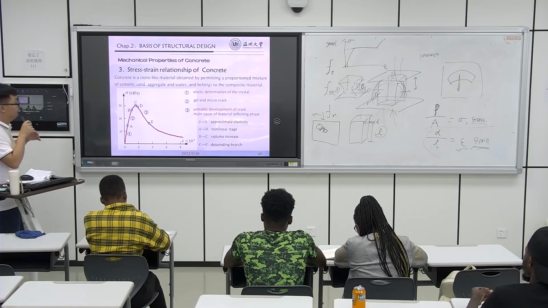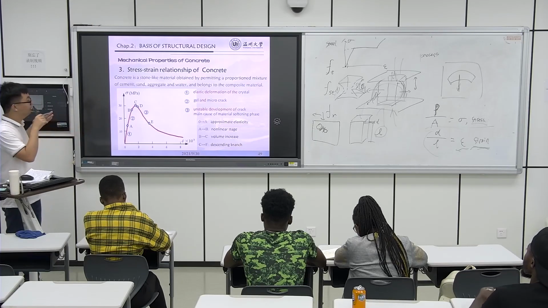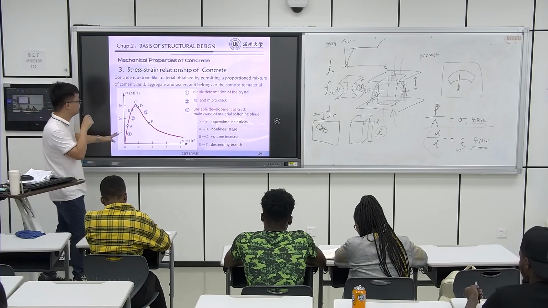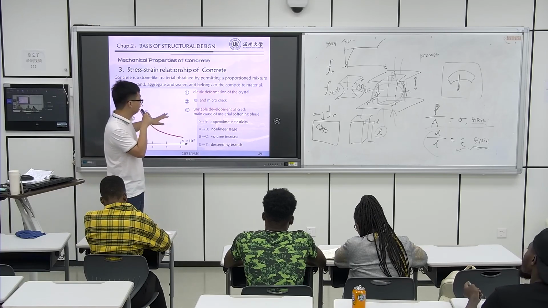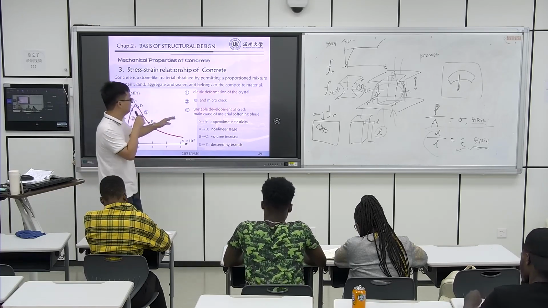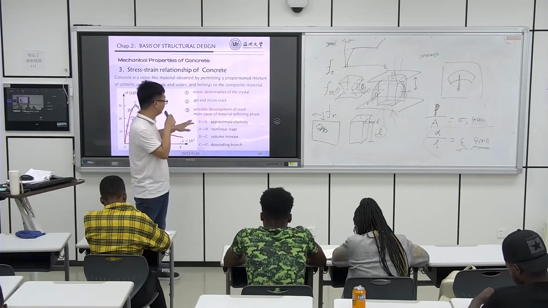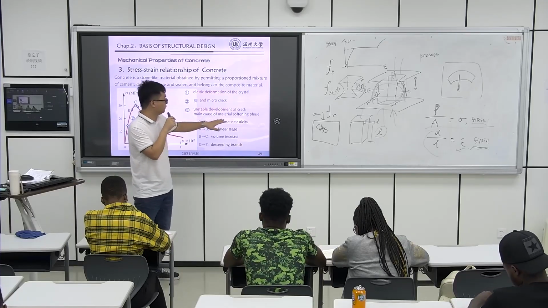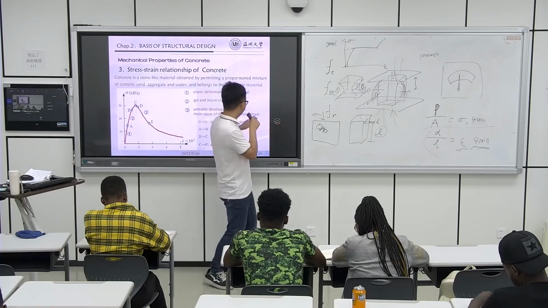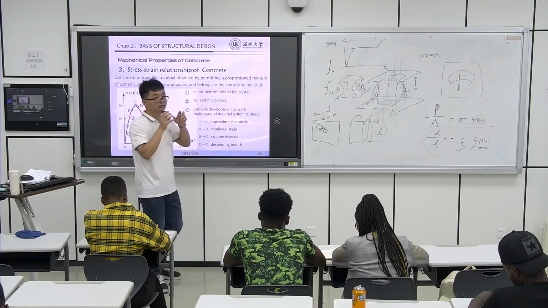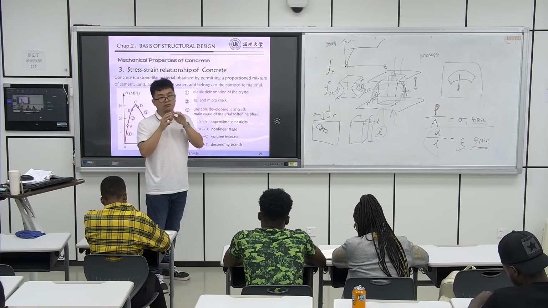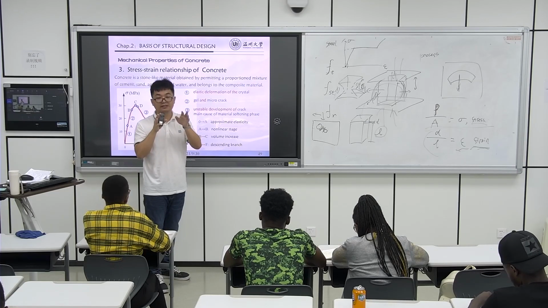Here I just roughly mention that we can divide it into stages one to three. In the third stage, there is unstable development of cracks, the material's sorting phase, because in this period the aggregate will destroy the cementation.